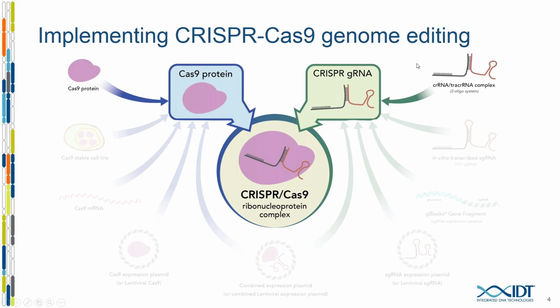This allows you to pre-complex these two and form your Cas9 ribonucleoprotein complex before it's even delivered to the cells. And so that allows you to have an active complex, put it into cells, and it can be immediately active to induce double-strand breaks within those cells. So this is the method that we'll be using as I explain further delivery methods and approaches in the rest of this webinar.